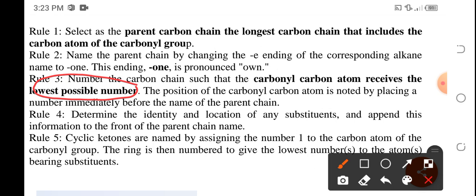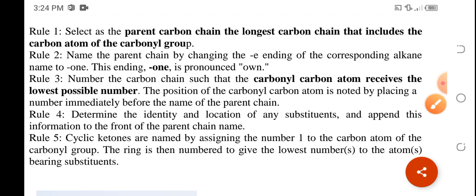Okay, and then the rest, you have to number them coming up with the lowest number for substituents. So, mas priority na mabigyan ng lowest number si carbonyl carbon over dun sa mga substituents.